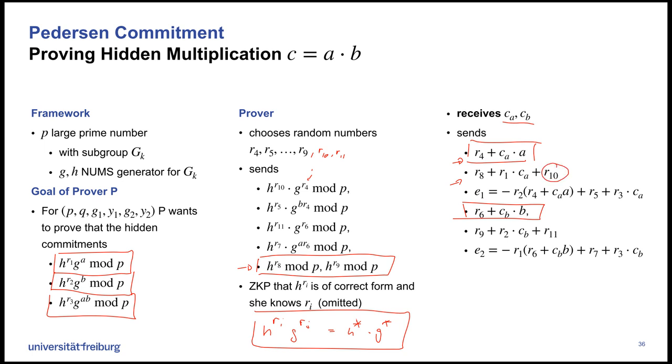R8 is also only used once, so basically probably was not necessary. I will see. So R8, these are new random numbers which are safe for the expression. And here R5 is also used once, and here it's hidden in this exponent. R6 is only used once, and R9 is only used once. Oh, no, R6 is also used here, and that's why we have to add a new number R7.